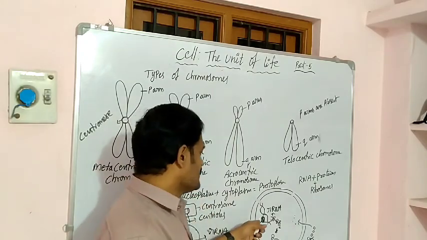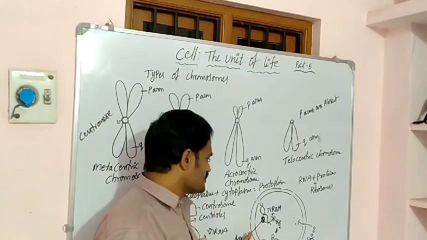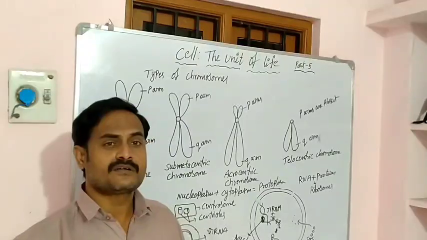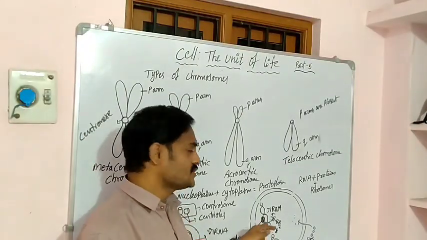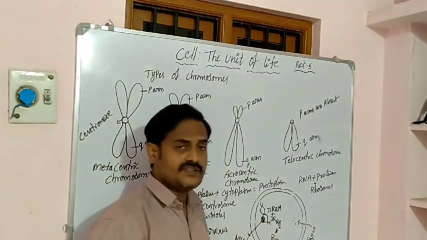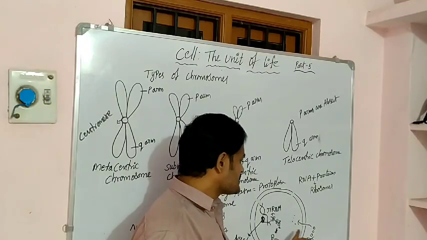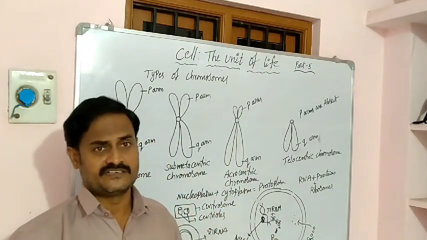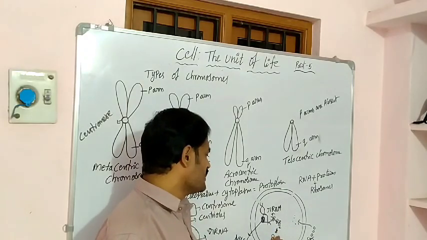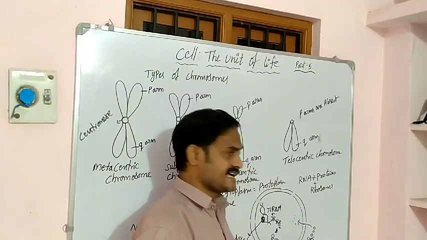So the nucleolus produces a number of ribosomes. The nucleolus is responsible for the formation of ribosomes. How will the ribosomes form? rRNA plus cytoplasmic proteins are combined together and finally modified into ribosomes. These ribosomes are released again into the cytoplasm.